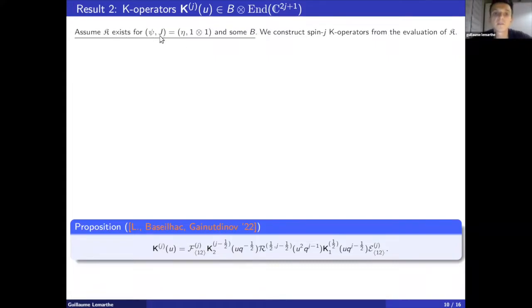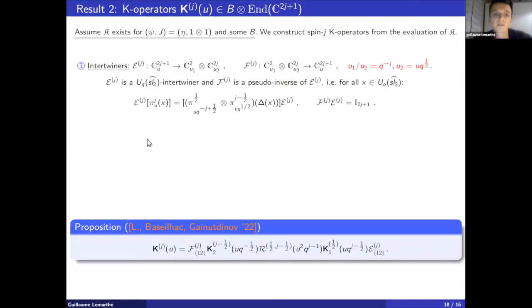So fix psi j as follows: eta and identity, and some b. So at the end, we will find that Kj of u is written in terms of F, E, K and R. So on the left, you have some Kj, and on the right, you have lower spin K operators. So F and E are actually intertwiners.